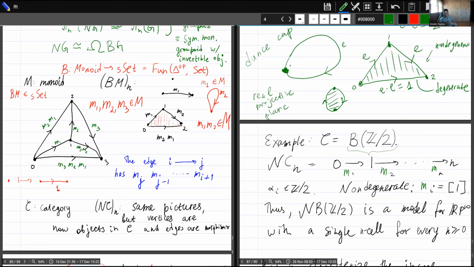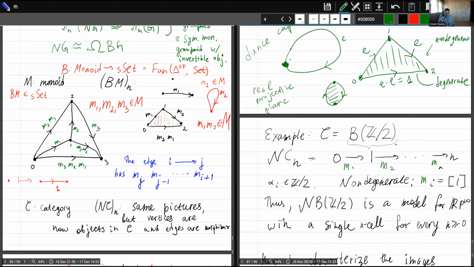And that's, of course, known as the infinite dimensional real projective space. A cellular model for the infinite dimensional real projective space is that you have a single n-cell for every n greater than or equal to 0, which you may recognize as a classifying space for Z mod 2. In fact, in one of the constructions of classifying spaces for groups in the context of topological spaces, you would start with a contractible space like S infinity.